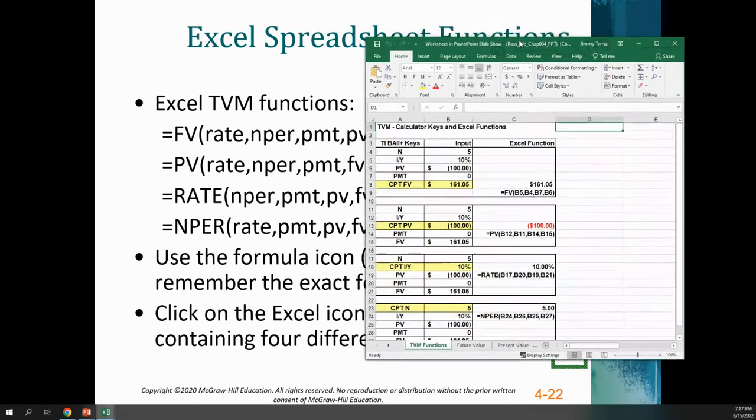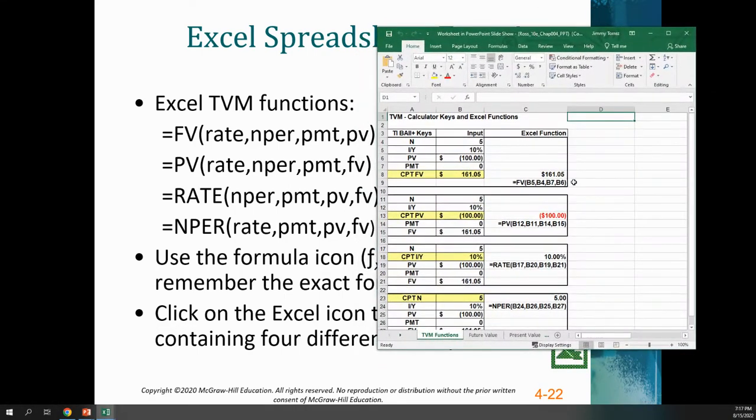So here it is. At the beginning, what I'd like to do is FV for this first one. First thing is I want the rate, which is 10% or 0.1. Next is the number of periods. In this case, the number of periods is 5 years, sorry, not 5%.